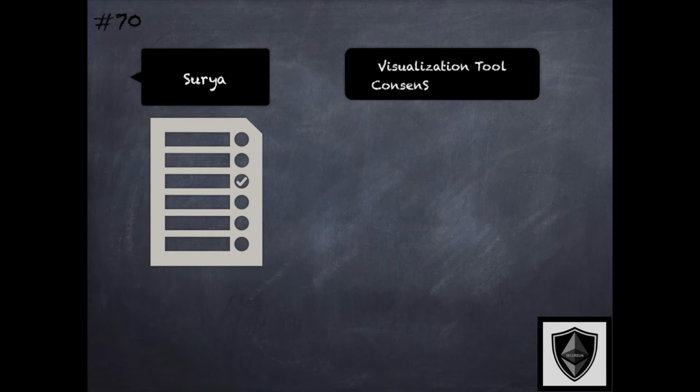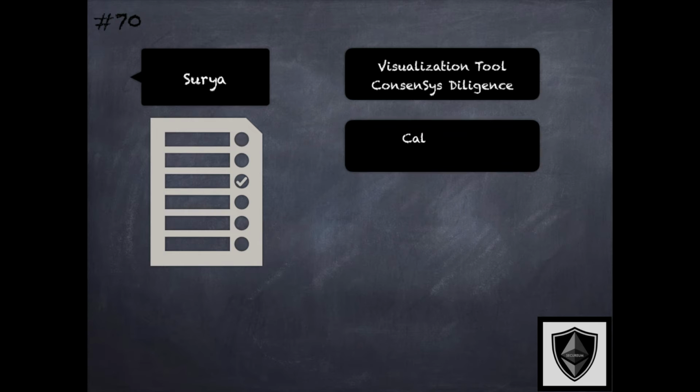Surya is a visualization tool from Consensus Diligence that helps auditors in understanding and visualizing Solidity smart contracts by providing information about their structure and generating call graphs and inheritance graphs that can be very useful.